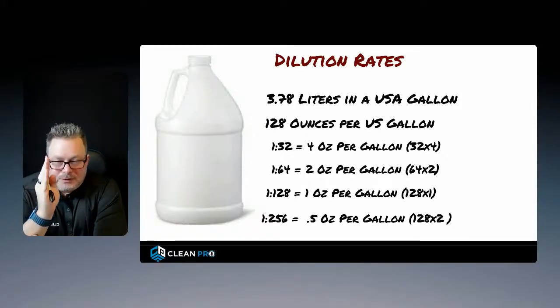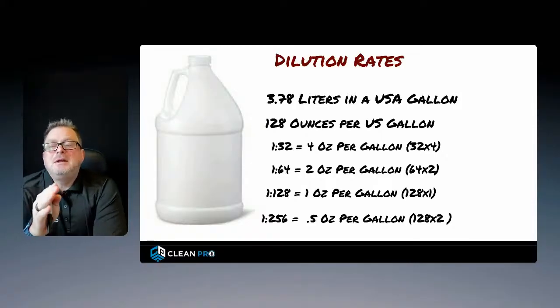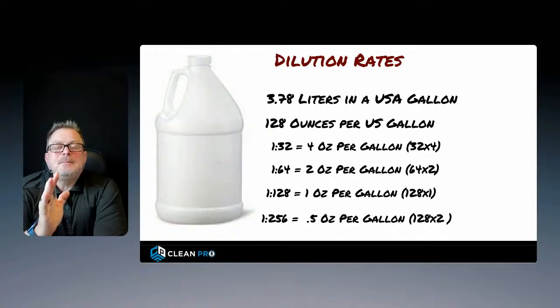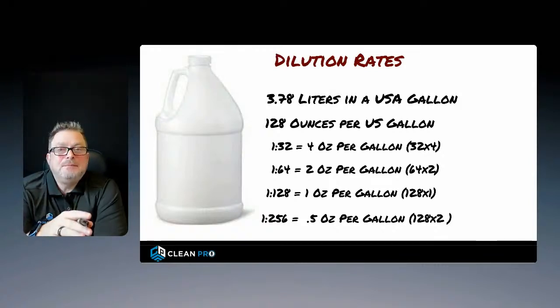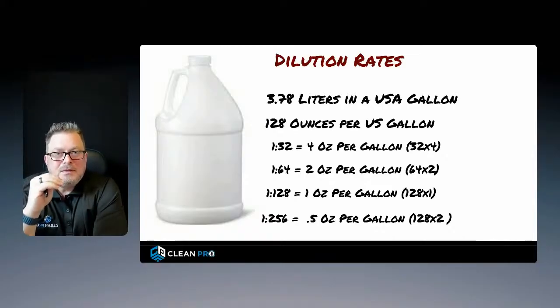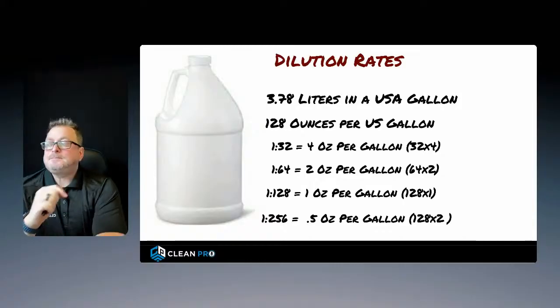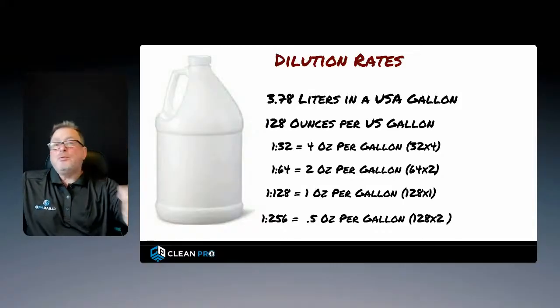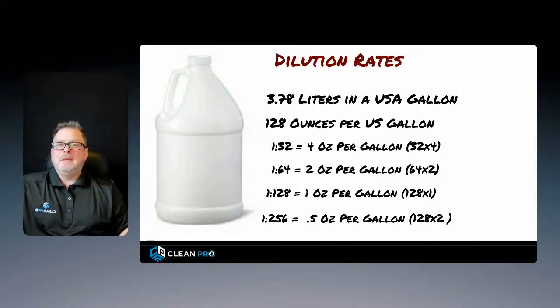But a true US gallon is 3.78 liters per gallon, or 18.9 in a pail. Okay, but that's the guidelines, the baseline, 3.78.